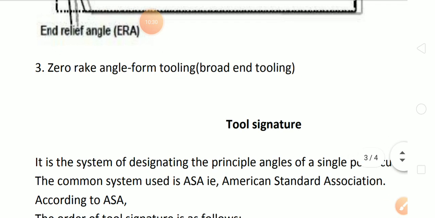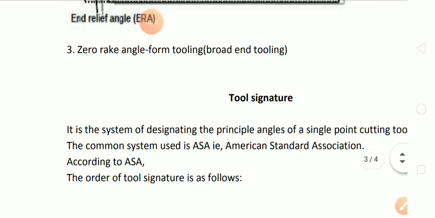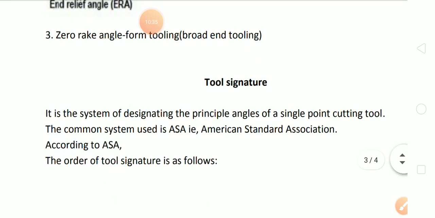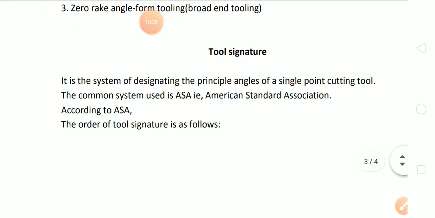Now I'm going to the next important topic, that is the tool signature. In tool signature, the tool dimension designations are all given by an association called the American Standard Association, ASA. For example, you have a bolt of 8 mm. You can use a spanner of 8 mm to unwind the bolt from the nut.